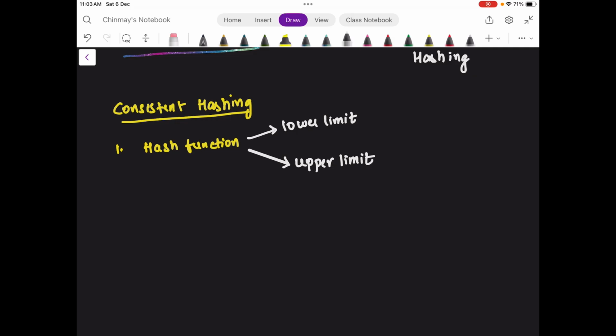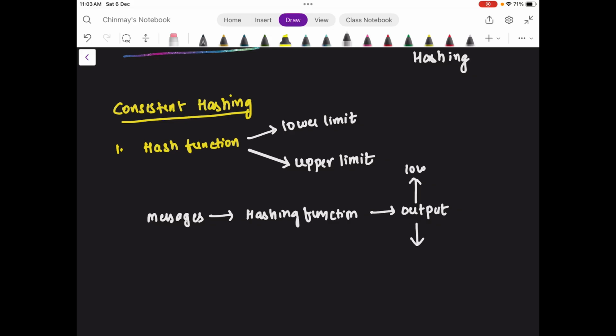That means the messages we are sending through this hash function give an output, right? This output is always between the lower limit and the upper limit.